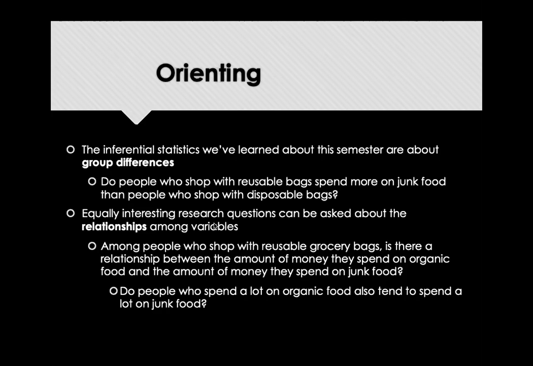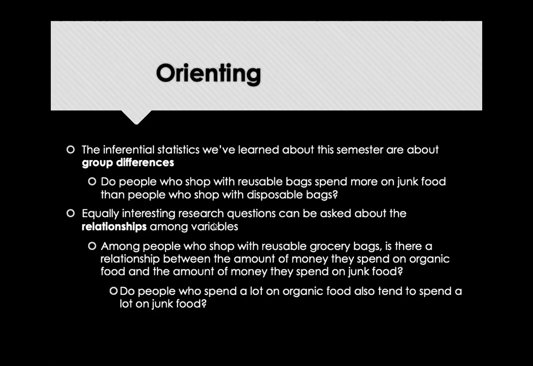But an equally interesting research question might be asked about the relationship among variables. You might want to know, among people who shop with reusable grocery bags, is there a relationship between the amount of money they spend on organic food and the amount of money they spend on junk food? Here we're not comparing two different groups of people. We're looking at how much they spend on organic food and how much they spend on junk food.